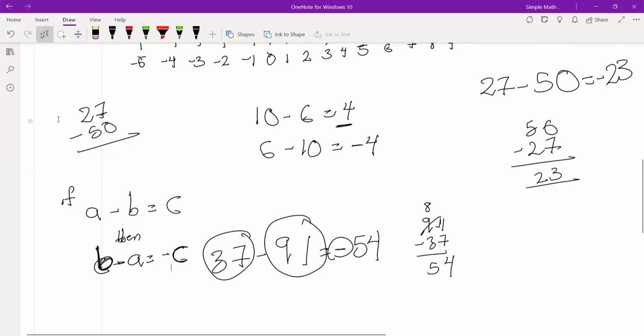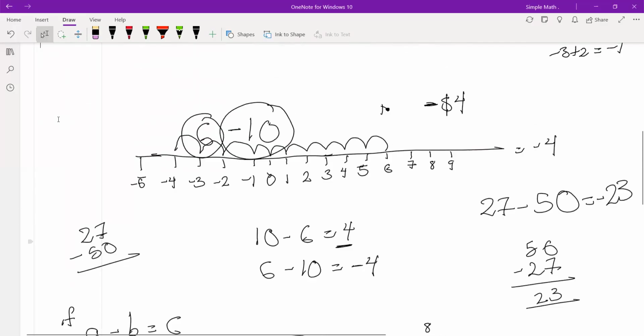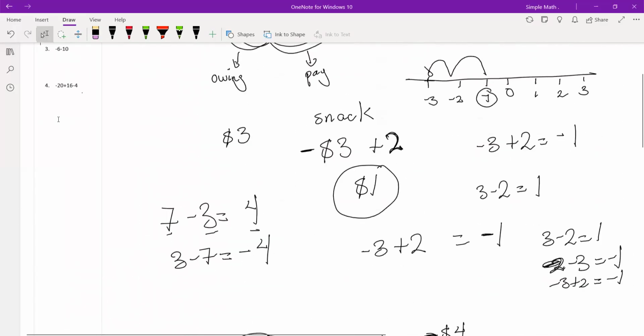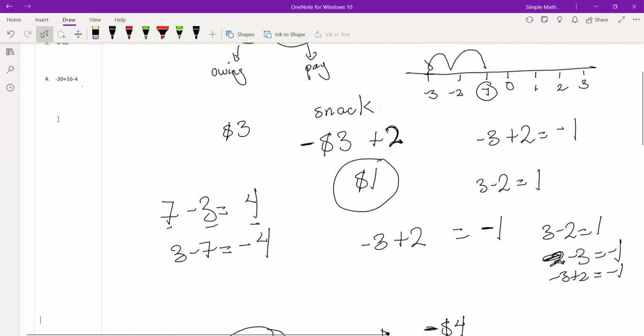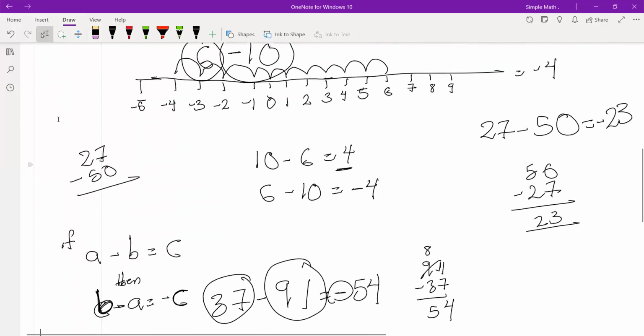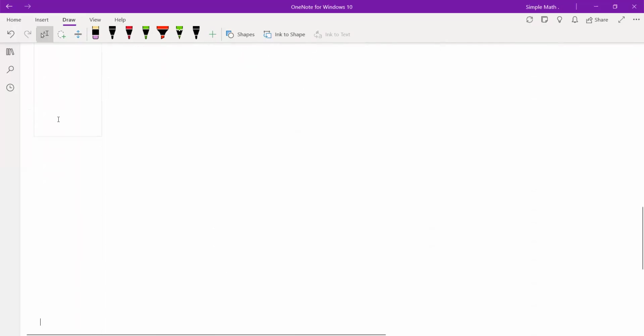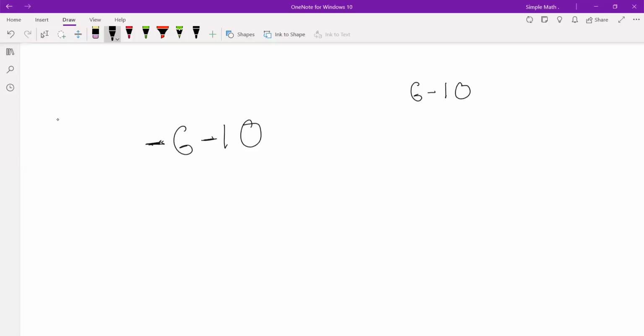And yeah, let me go to this question here. We have minus 6 minus 10. Both are negatives. If we had 6 minus 10, all we had to do was 10 minus 6 is equal to 4.